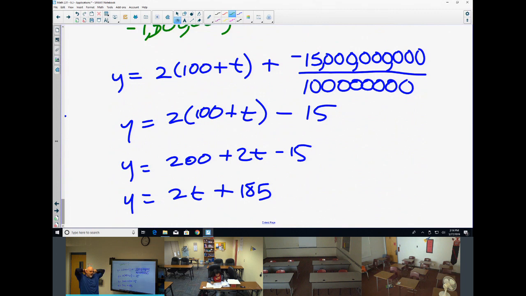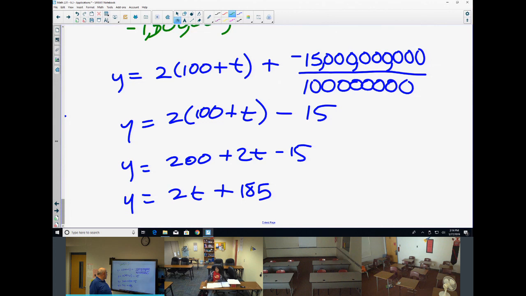Okay, so now with this, I could tell how much salt is in there at any given time. Let's say after 10 minutes, how much salt would be in the mixture?